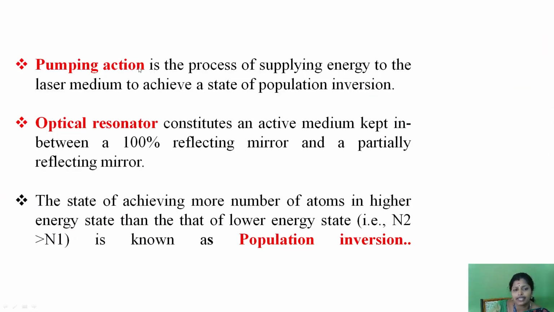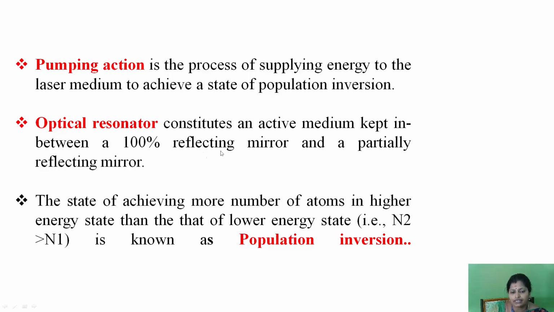Next, pumping action definition. It is the process of supplying energy to the laser medium to achieve a state of population inversion. Optical resonator constitutes an active medium kept in between a 100% reflecting mirror and a partially reflecting mirror.